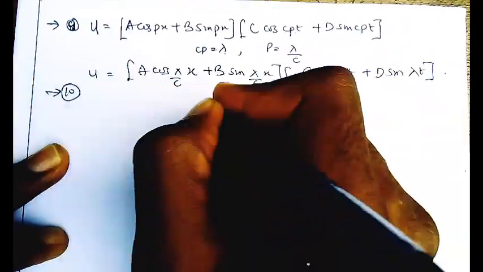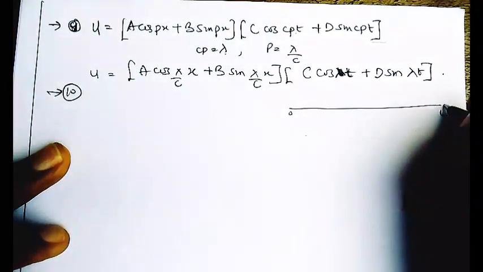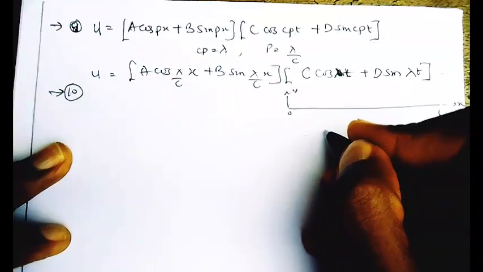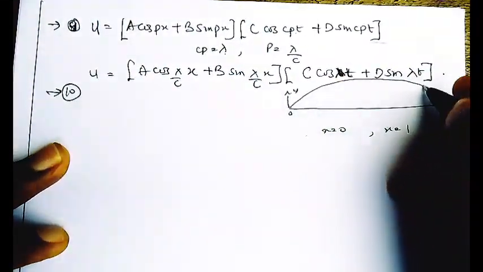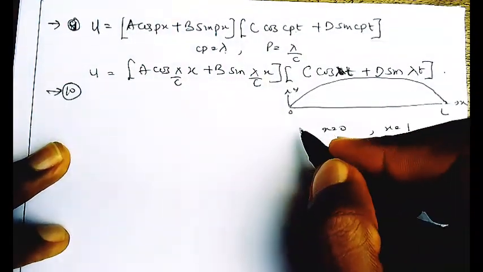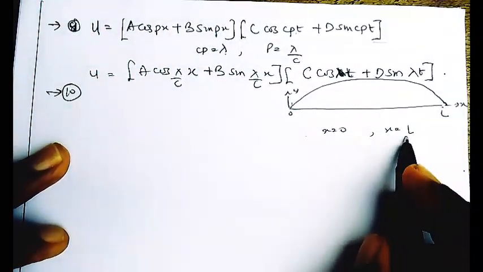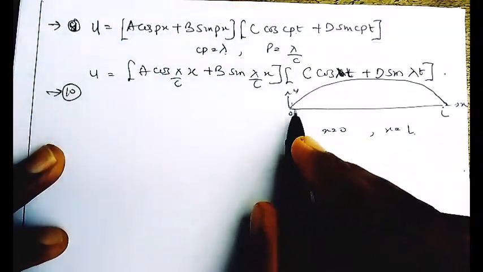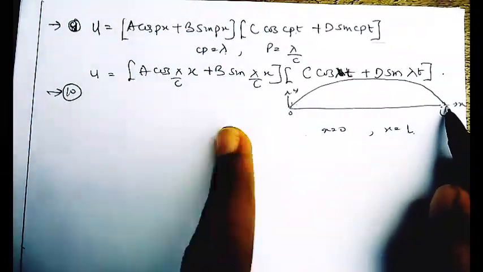So now you're having this string 0 to L, which we completed to form a coordinate axis. So we said it vibrates between x equals 0 and x equals L, right? So now these two things here are my boundary condition. The boundary condition is the limit, the range at the two ends of the string.